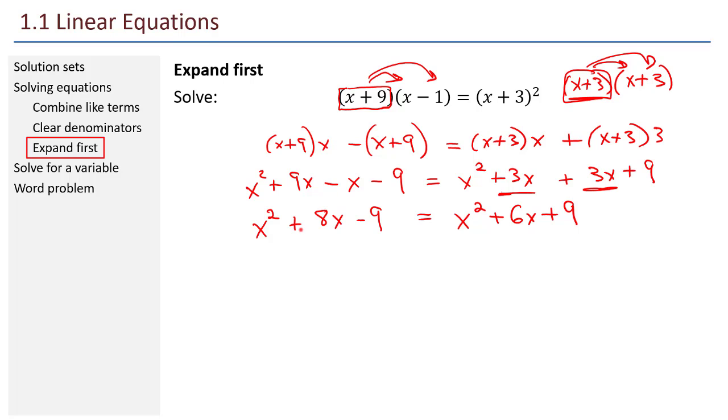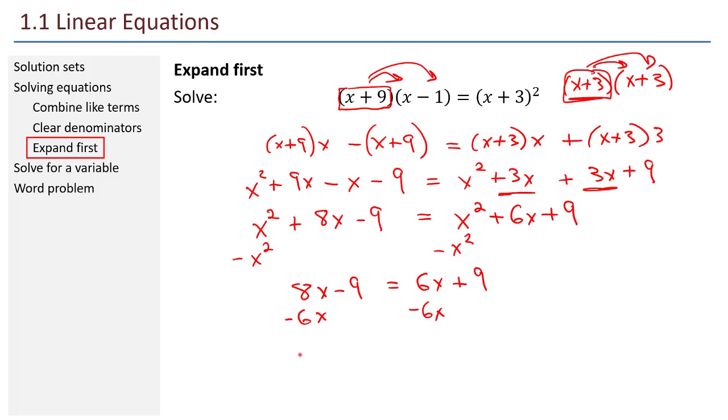Okay, now let's start combining like terms on the two different sides. How about the squared? Oh, there's an x squared on the left and x squared on the right. I'll subtract that from both sides, minus x squared, and we end up with 8x minus 9 equals 6x plus 9.